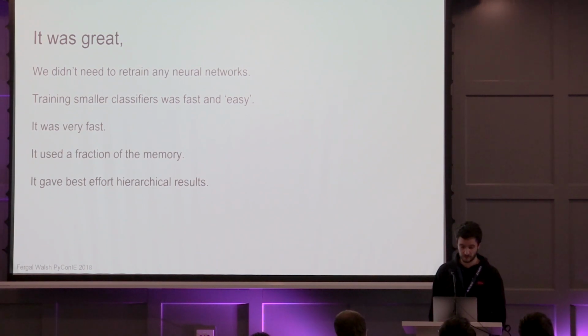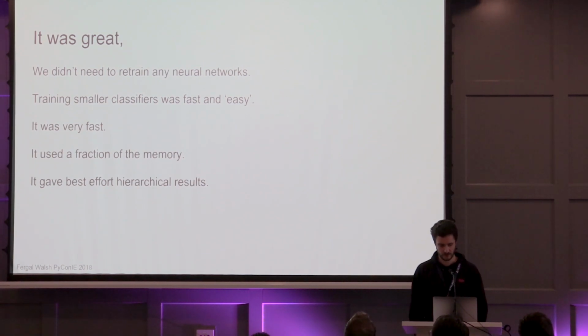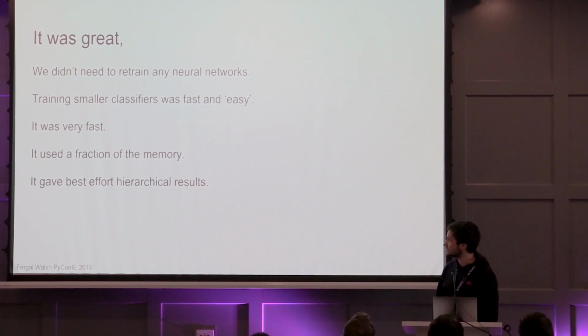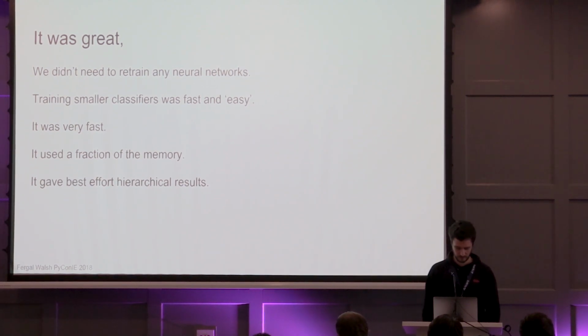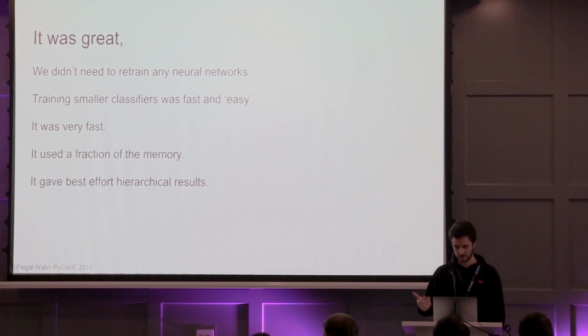And they used a fraction of the memory, so we have 2,500 different classifiers running on one instance using about the same amount of memory as a single inception net, because you can easily swap them in and out of RAM as well, whereas with an inception net, if you swap them out, then you're going to have a huge delay every time you reload it.